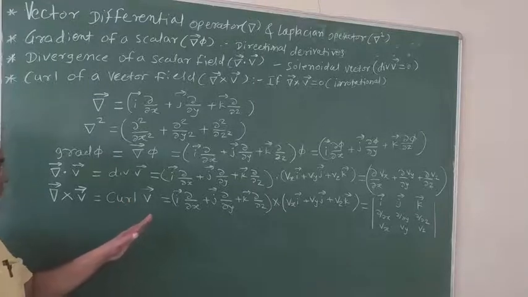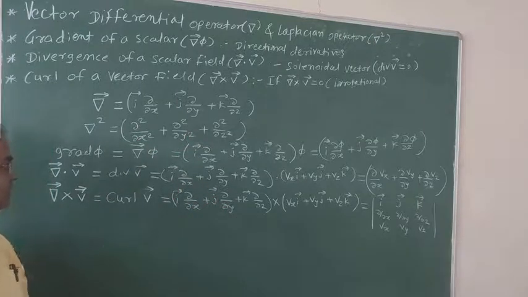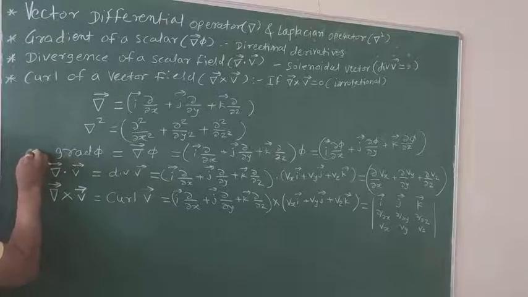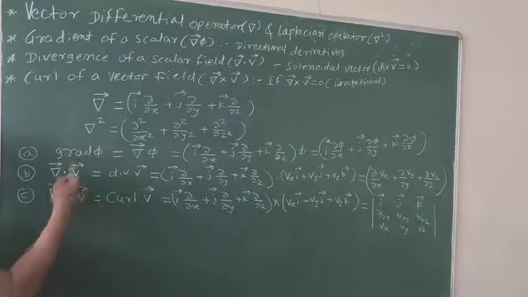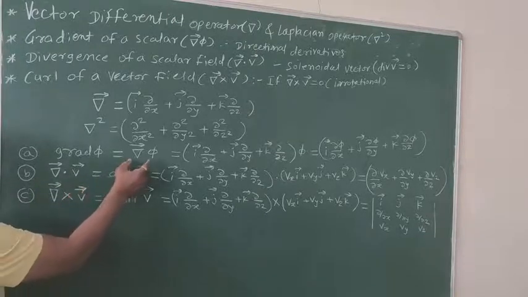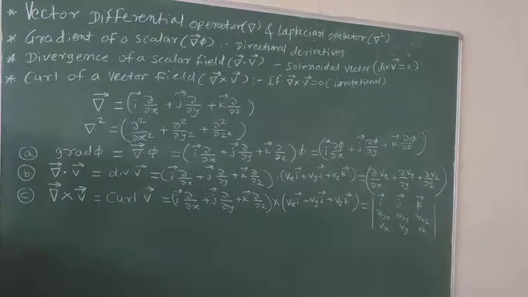Before we start the physical significance of the curl of vector V, we clear these 3 points: the first one is gradient, the second is divergence, and the third is curl. What is the difference? This is del phi, which is a simple multiplication.